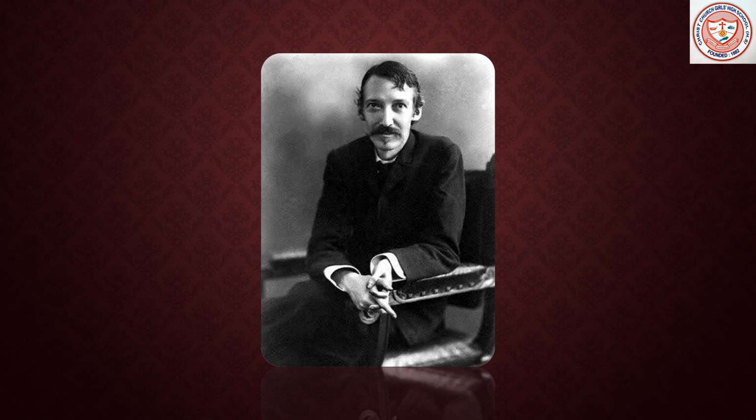Henley became a close friend and occasional literary collaborator until a quarrel broke up the friendship in 1888, and he is often considered to be the model for Long John Silver in Treasure Island.